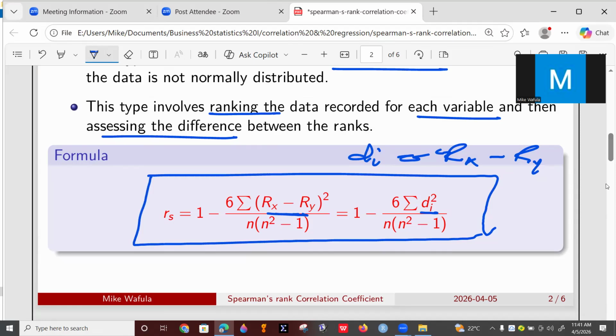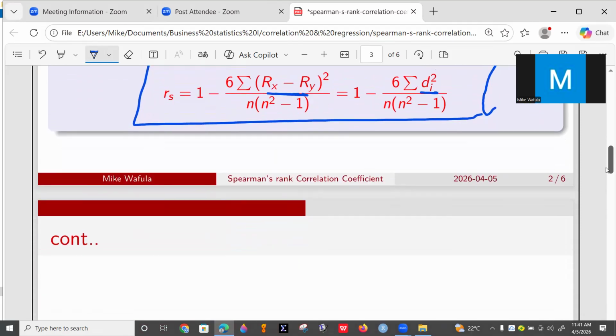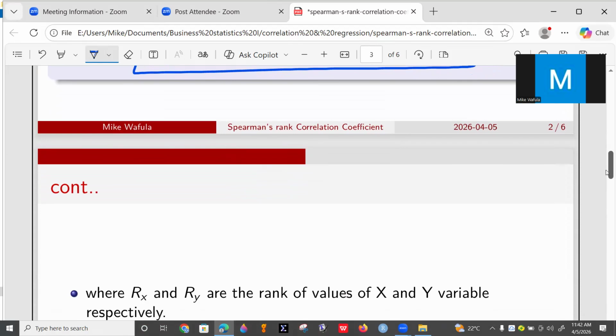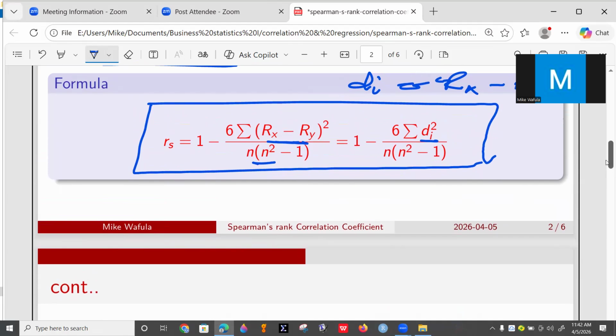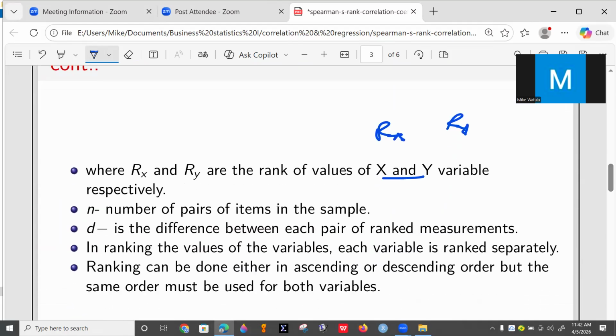Rx and Ry represent the rank of values of the X and Y variables. So Rx is the rank of values for variable X, and Ry is the rank of values of variable Y. And then n in the formula represents the number of pairs of items in the sample.